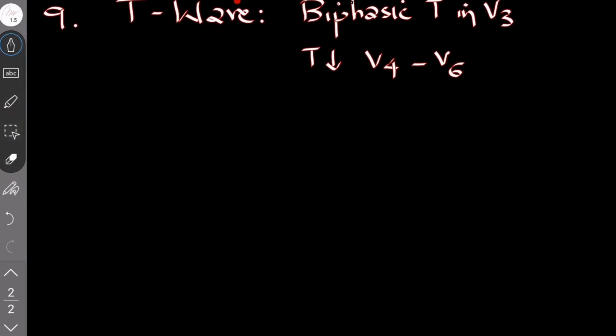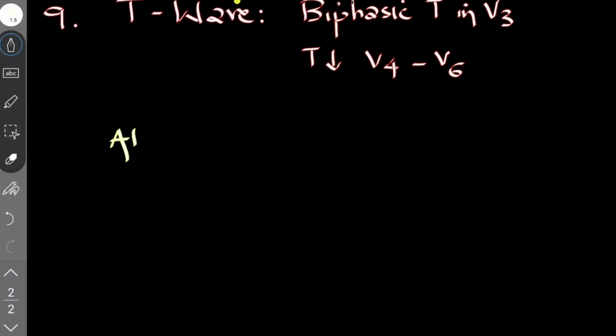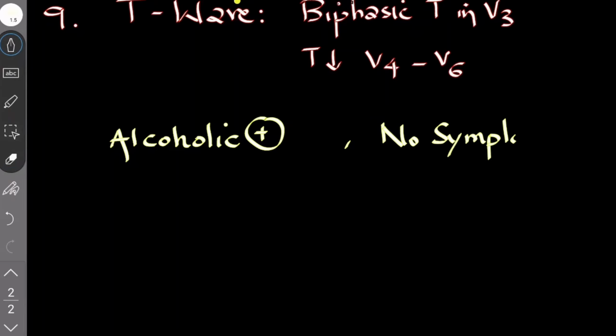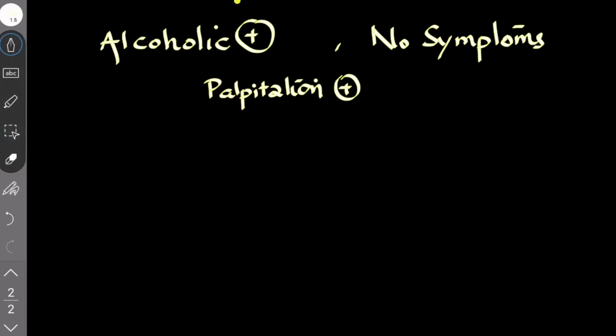So finally, what comes to the diagnosis is that this is an alcoholic patient, very important. He is not symptomatic. He had palpitations, which is why he took an ECG. But what we see here is atrial fibrillation, very important.